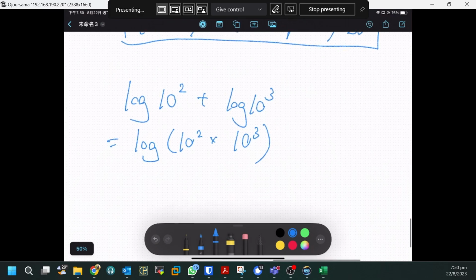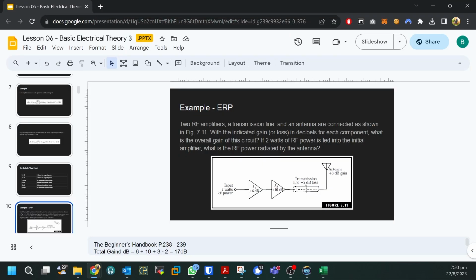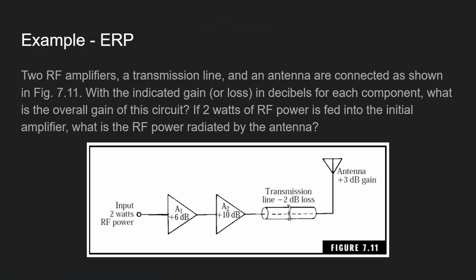So if they already give you the dB, you don't have to convert them back to watts. If they just ask you what is the RF power radiated, and you see that there are a lot of components here, you don't have to calculate at this point what is the watt, at that point what is the watt.